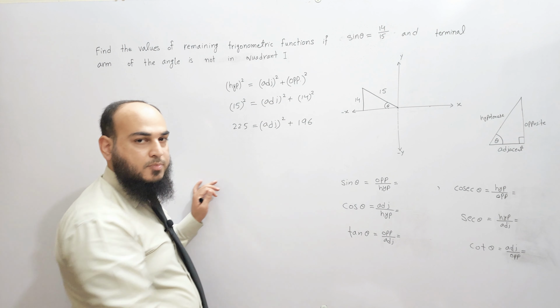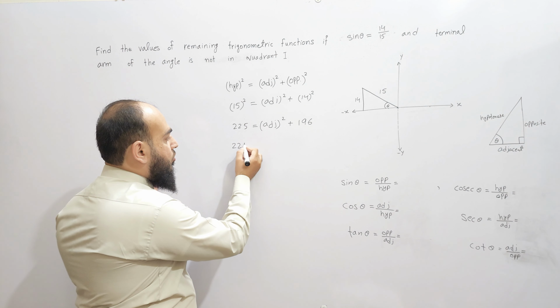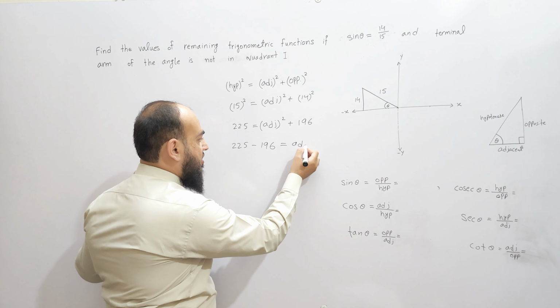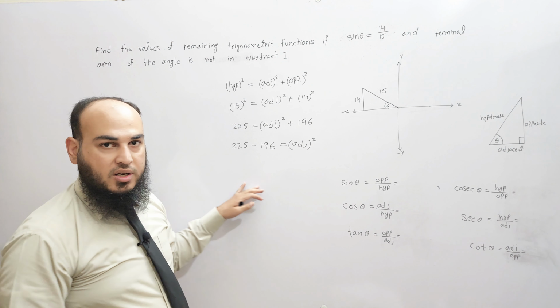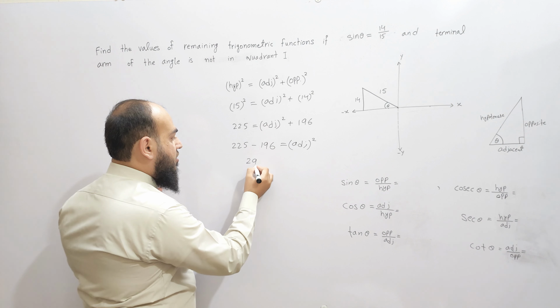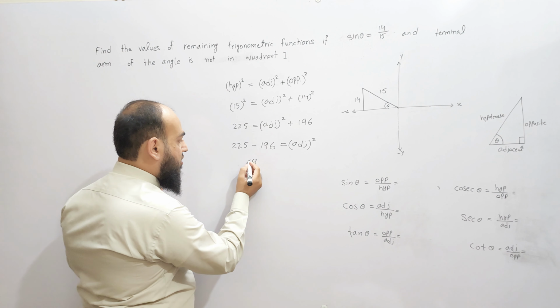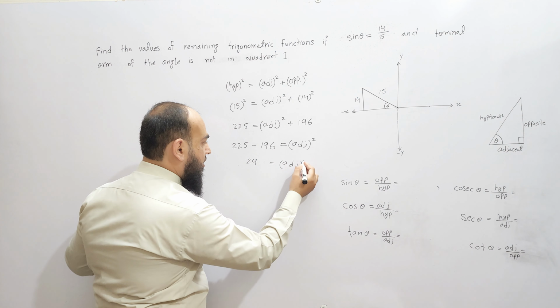With the help of a calculator, we find 14 square is 196. And 196 is positive here, and it will go to the other side and become negative. 225 minus 196, you will get 29. You will get 29 is equal to adjacent square.